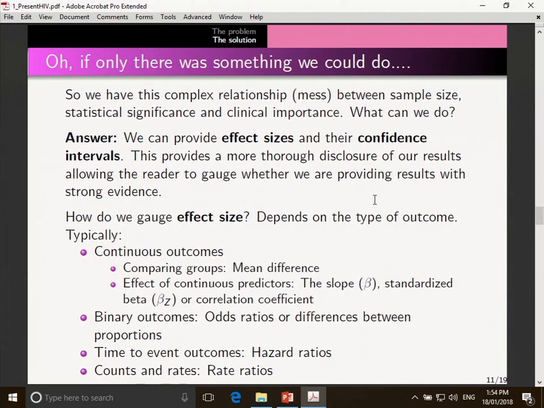Binary outcomes, we use things like odds ratios or differences in proportion, again, depending on design, which is better. For time to events, hazard ratios, there are other things as well we can use. Counts and rates, we can use rate ratios. Now, the one thing I would say is odds ratios, hazard ratios, rate ratios, we can interpret in a similar way. Not exactly the same, but in a similar way.